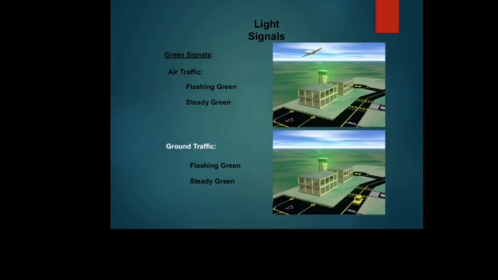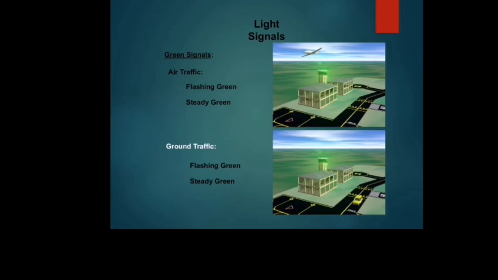Okay, let's now cover the signals as shown by the Aldis lamp. We have air traffic and ground traffic. For air traffic, flashing green means return for landing. This will normally follow a steady red light shown by the same Aldis lamp.